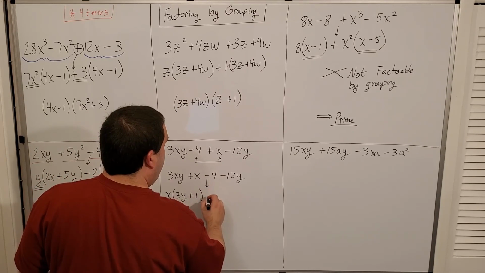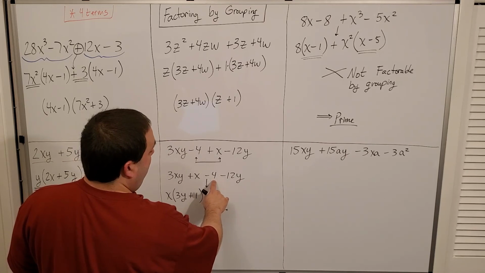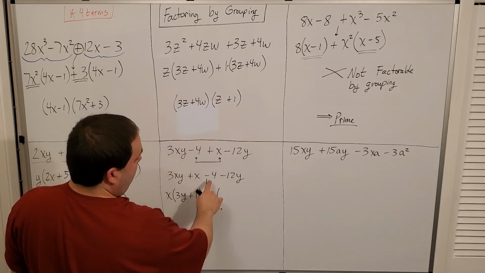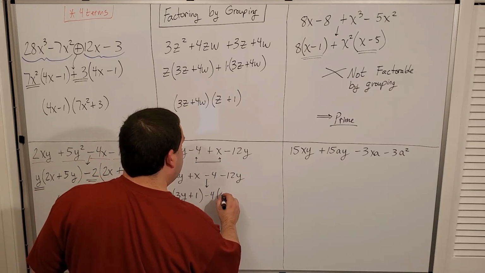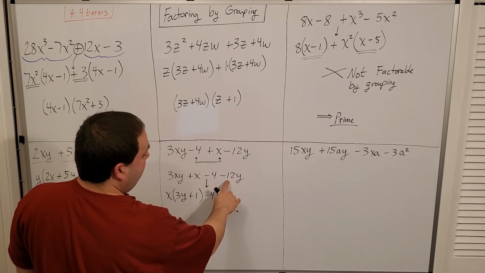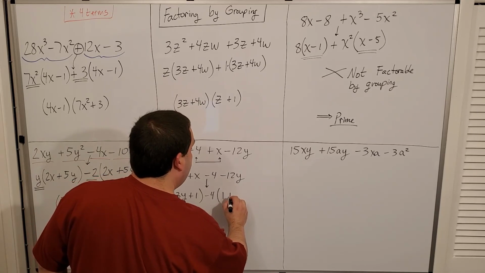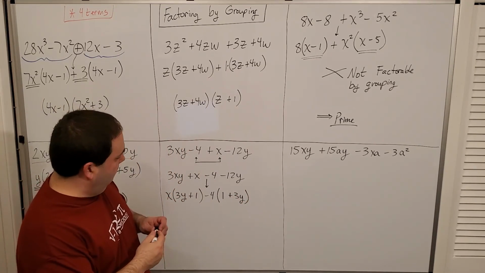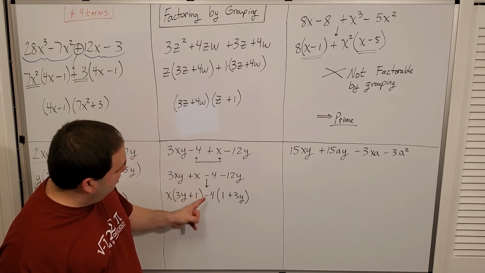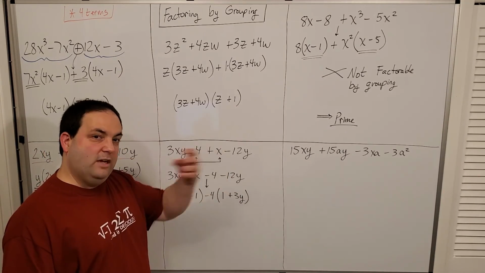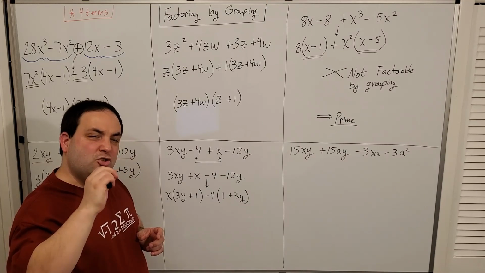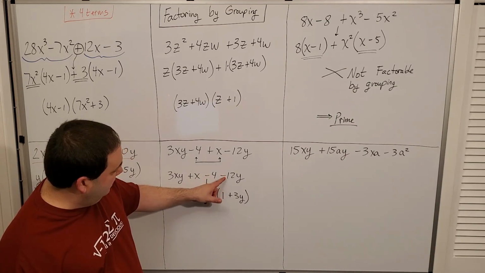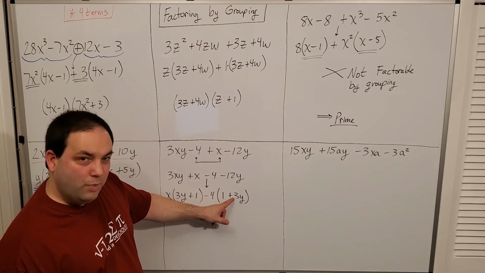Match the middle sign, negative. 4 and 12 have a 4 in common. Negative 4 divided by negative 4 is 1. Negative 12 divided by negative 4 is positive 3 and a y. Don't forget that, that's important. The fact that I chose to match that negative means I was factoring it out, and your divisions should come out appropriately. Negative divided by negative is positive. Negative divided by negative is also positive.